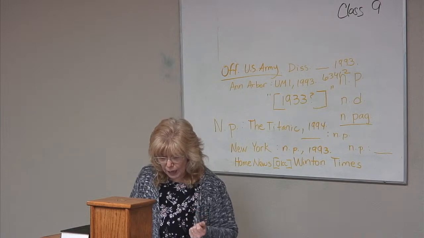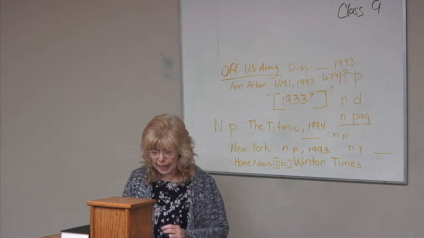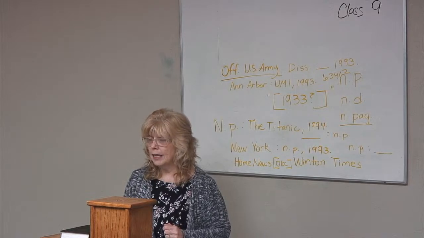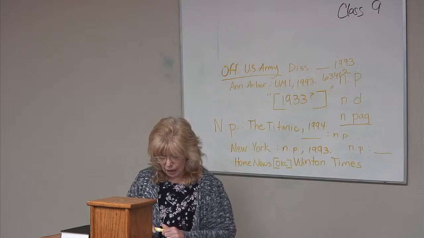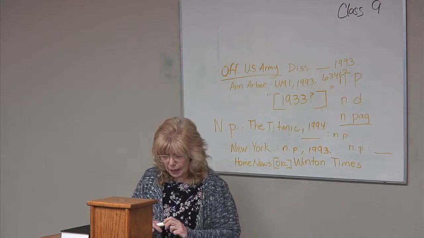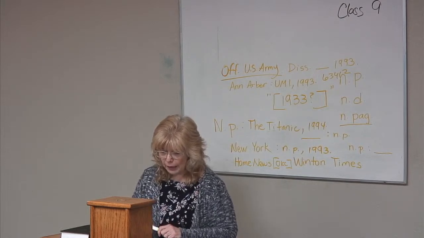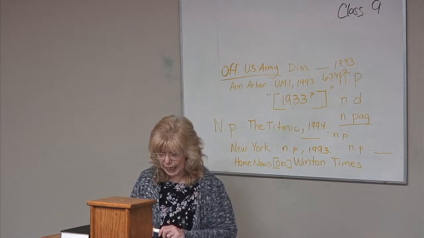All right, and then for national papers such as USA Today, you do not need to add the city because obviously it's for the whole United States. And then for magazines that are published weekly or bi-weekly, you need to give the complete date.